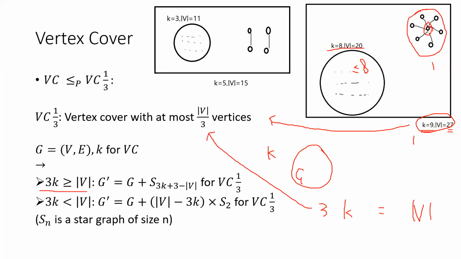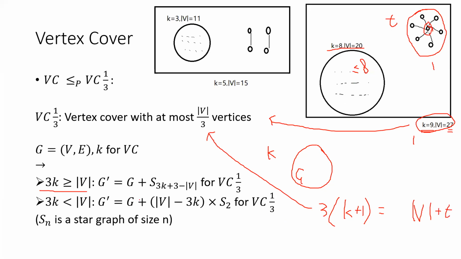So we want to add this graph. Suppose the number of vertices in this star graph is T, then we need to have one more vertex in the vertex cover set, and this will have T more vertices.